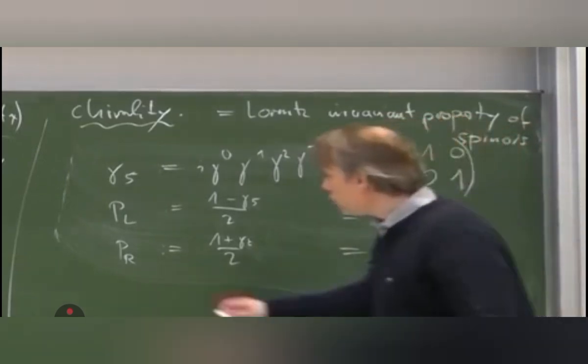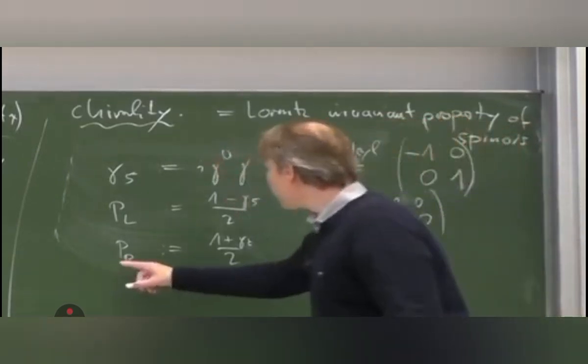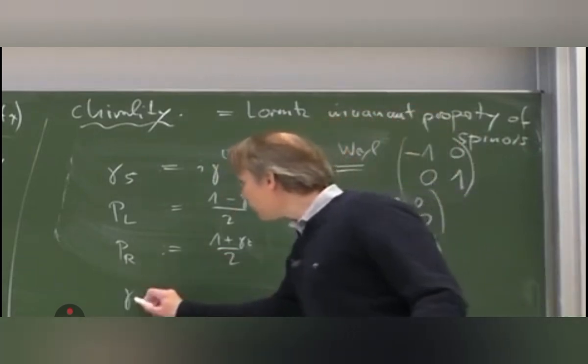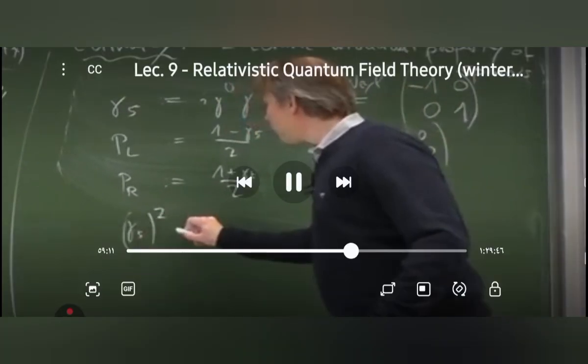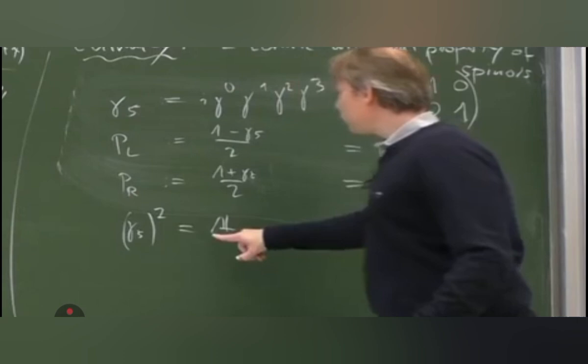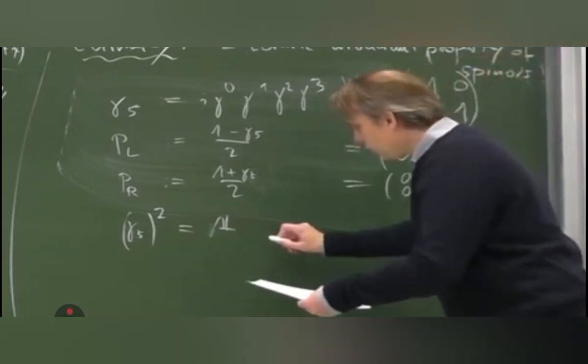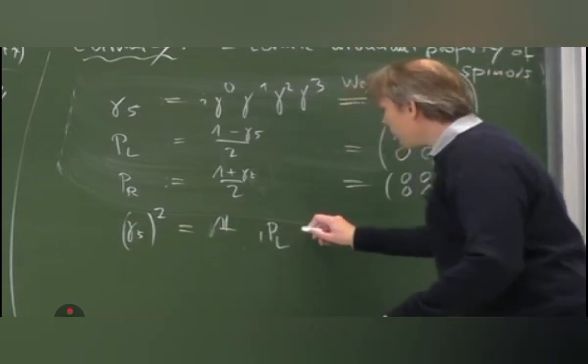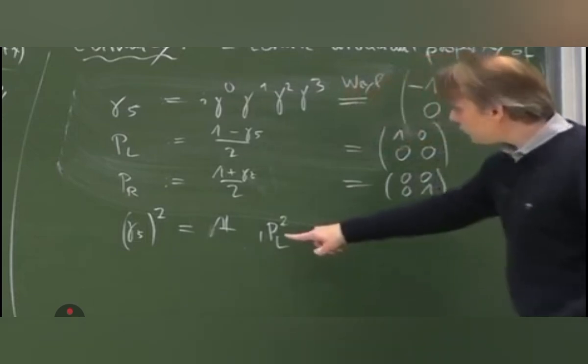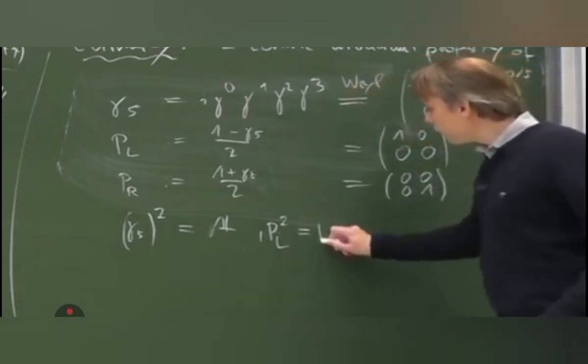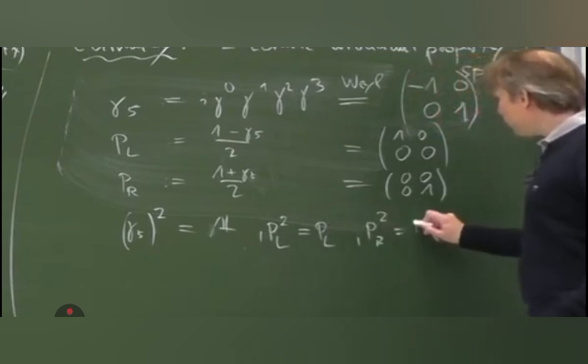And then we have some properties which are representation independent. So always gamma 5 squared is the unit matrix, and you can immediately see it from this representation, but it's valid in general. Then these operators PL and PR are projection operators. That means PL squared is equal to PL, PR squared is equal to PR.